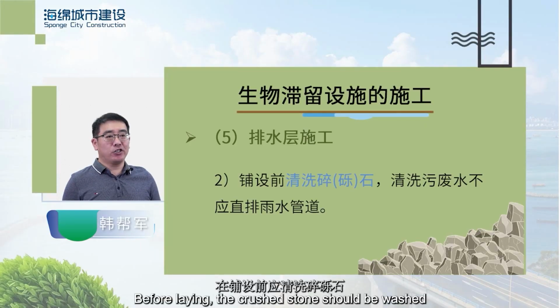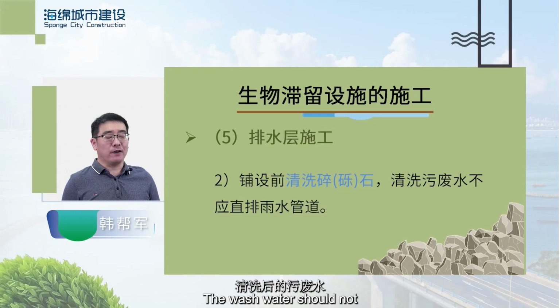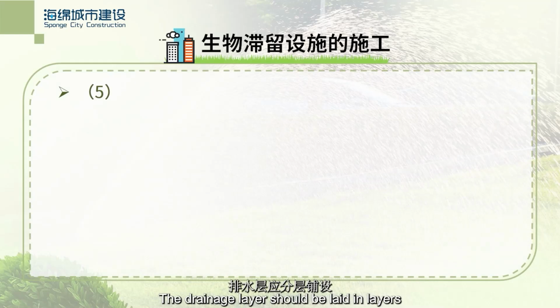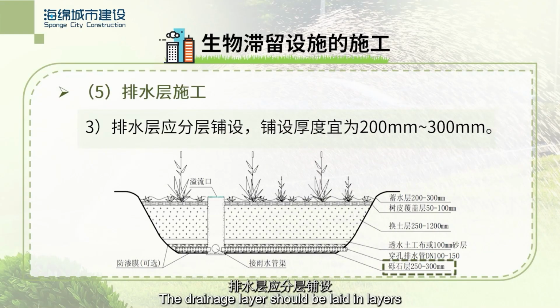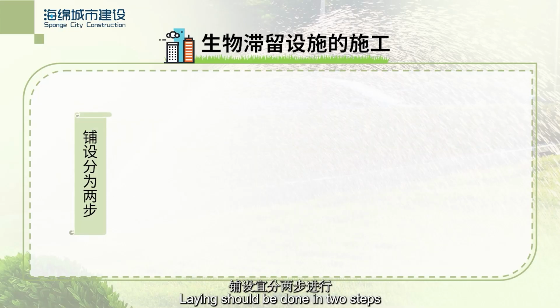Before laying, the crushed stone should be washed. To prevent secondary pollution and clogging of the drainage blind pipe, the wash water should not be directly discharged into the rainwater drainage system. The drainage layer should be laid in layers, with a thickness of 200 to 300 millimeters. Laying should be done in steps.